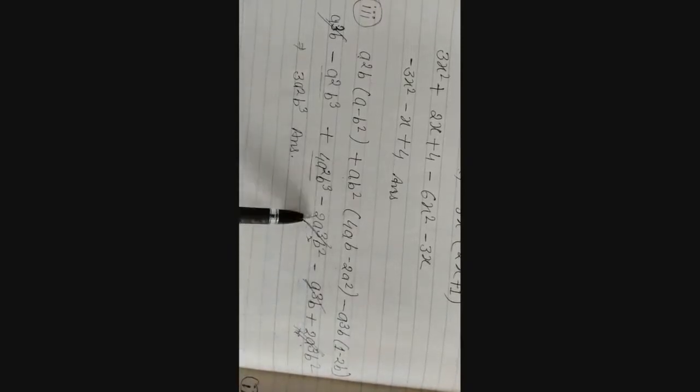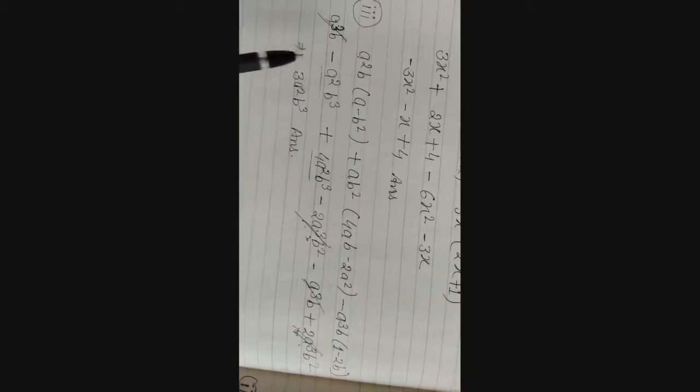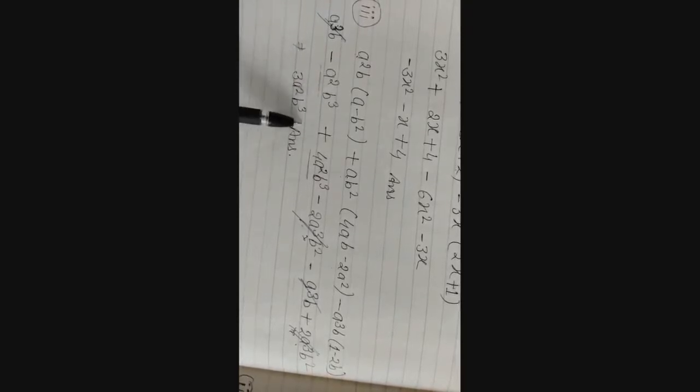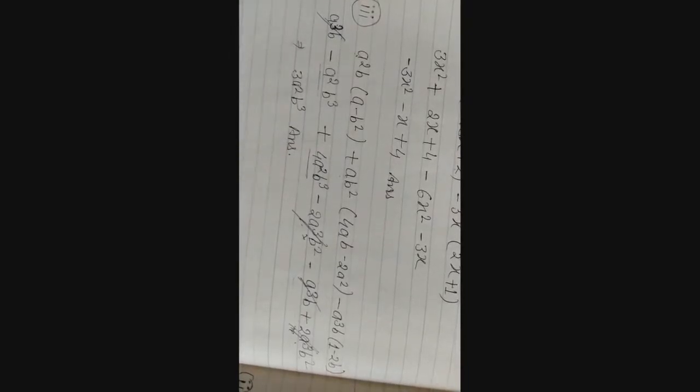This is positive and this is negative. Now what is remaining? Minus a²b³ plus 4a²b³. From this 4a²b³, this minus a²b³ will be subtracted. So this will become 3a²b³. This is the final answer of this multiplication.